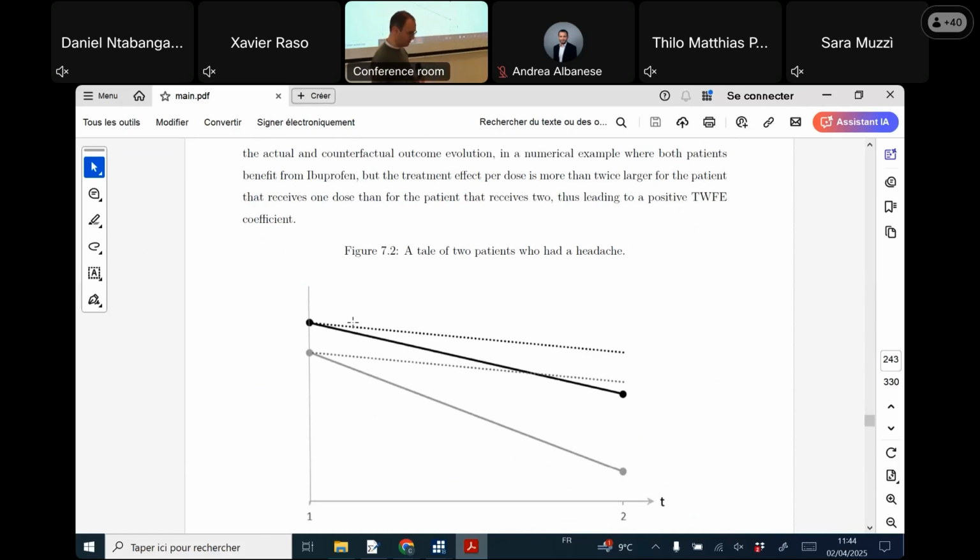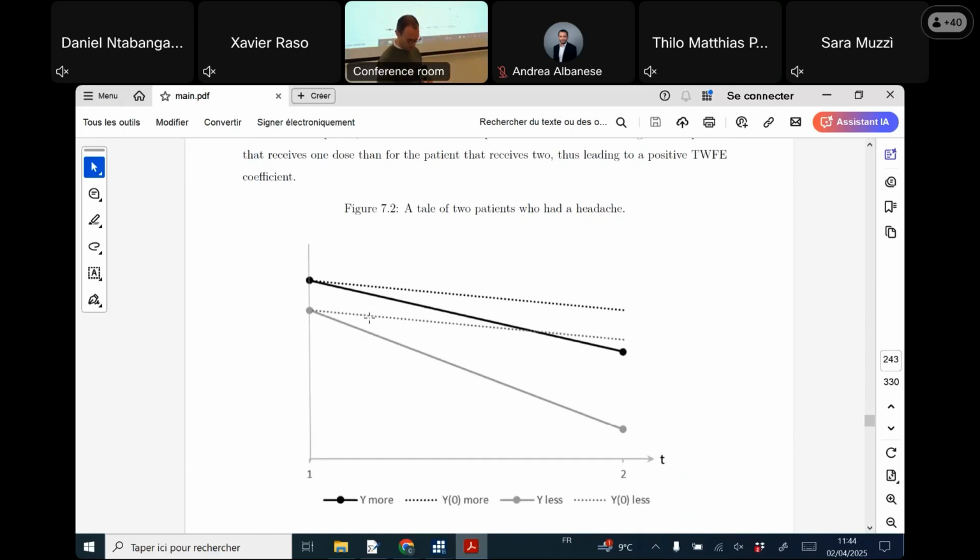And we observe that actually the headache of the person that got only 1 pill decreases more than the headache of the person that got 2 pills. And therefore, we run our two-way fixed effects, which in this case is just the simple diff-in-diff, comparing the headache evolution, the pain evolution, of the more treated person and the less treated person. And so we say, well, it seems that against commonly held knowledge, ibuprofen is not working. It's actually worsening the headache of people.